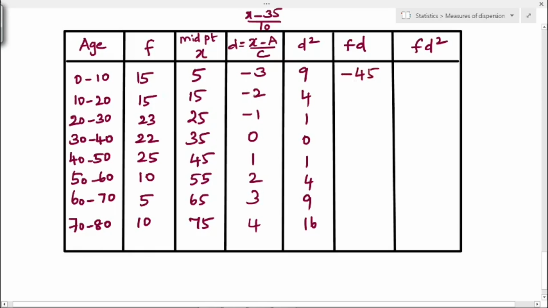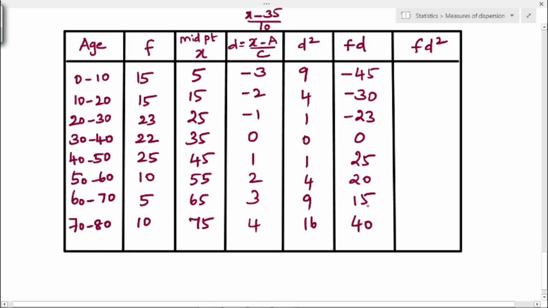Next 15 into minus 2, minus 30. 23 into minus 1, minus 23. 22 into 0, so that is 0. 25 into 1, that is 25. Next 10 into 2, that is 20. 5 into 3, that is 15, and 10 into 4, that is 40.